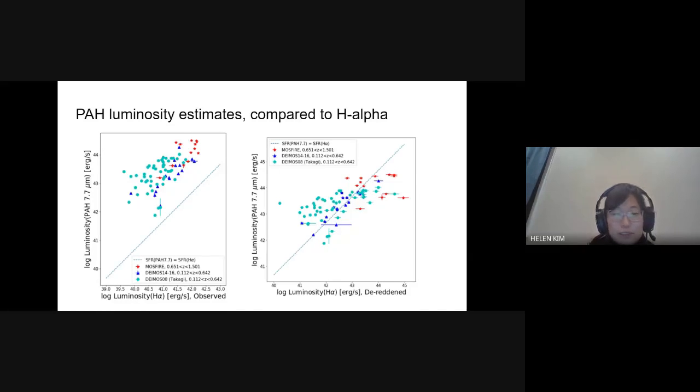However, the SED fit may systematically overestimate how much H alpha extinction there is. And our high redshift MOSFIRE points are not sufficient in order to fully constrain this. So we're hoping to add more data to this plot.